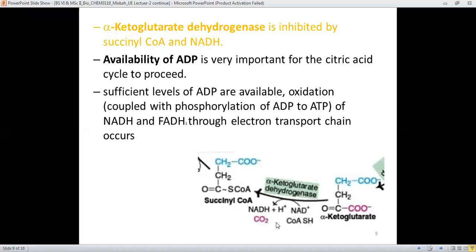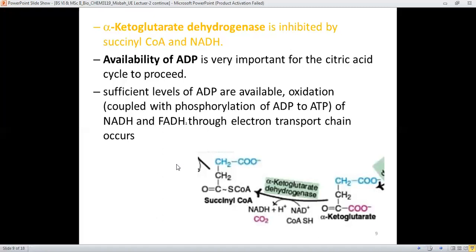And when NADH and FADH2 are going to be converted back into their oxidized state, there is oxidative phosphorylation, and the availability of ADP is very essential to convert them back to their oxidized forms like NAD, so that they can be utilized again and again through the citric acid cycle.